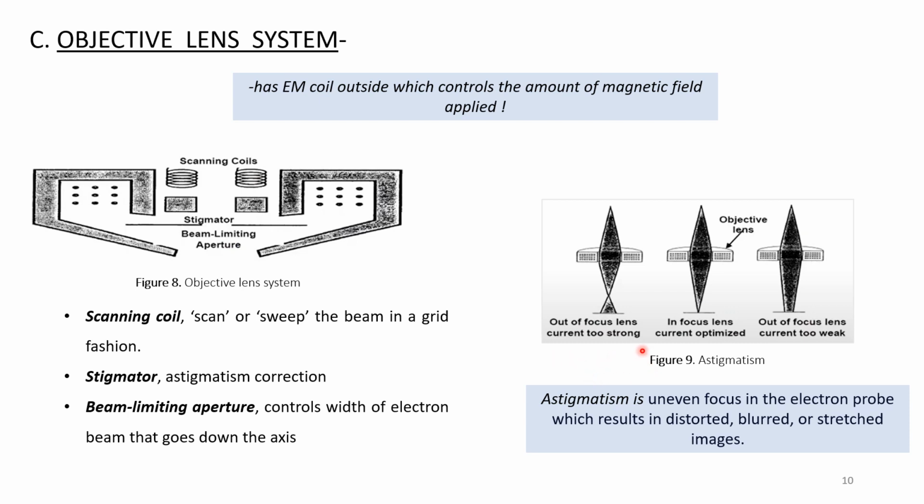If the current is too strong or too weak, then the focus of the sample image may not occur at the correct distance, so it may give rise to the astigmatism. So the stigmator present here functions to correct this astigmatism, if possible, in the SEM.